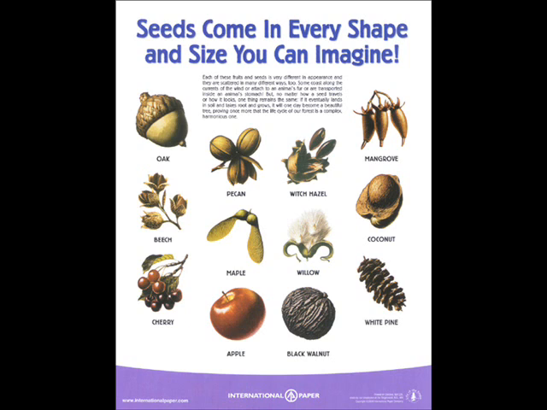Now skip down to Genesis 1, 20 to 23. And God said, "Let the waters bring forth abundantly the moving creature that hath life, and fowl that may fly above the earth in the open firmament of heaven." And God created great whales and every living creature that moved, which the waters brought forth abundantly after their kind, and every winged fowl after his kind.